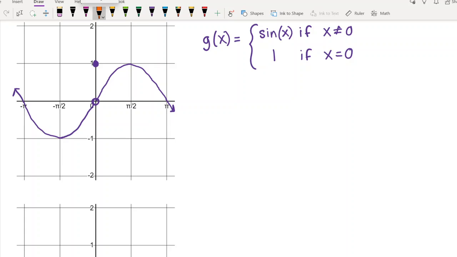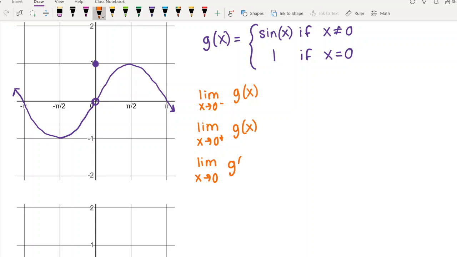Okay, so similar to the last one, we are going to evaluate the limit as x approaches 0 from the left of this function. We're going to do the limit as x approaches 0 from the right of this function. We're going to do the limit as x approaches 0 overall of the function, and then we're also going to evaluate g of 0. Okay, so the limit from the left.